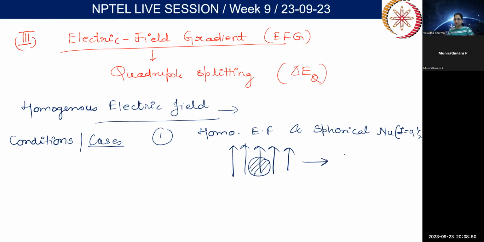This way, we are not going to see any difference in the spectra or pattern for any other complex. For example, if I'm comparing two complexes where iron is in the same oxidation state, and the I value is half, that is spherical, and the electric field is constant.